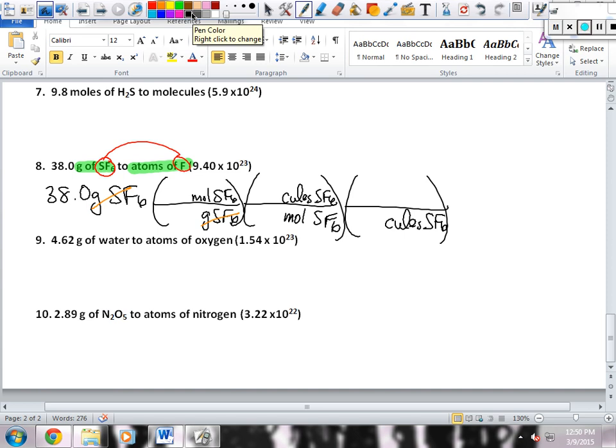Alright, so I've got moles of SF6 canceled. I've got molecules of SF6 canceled. So if I have a molecule of SF6, do I know how many F's are in that molecule? Yes. So I can now go to atoms of F.